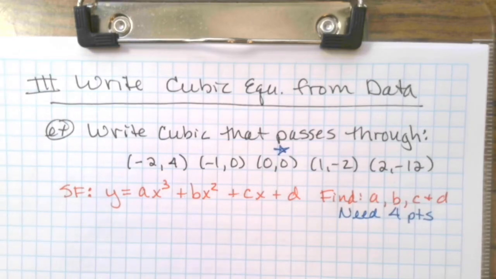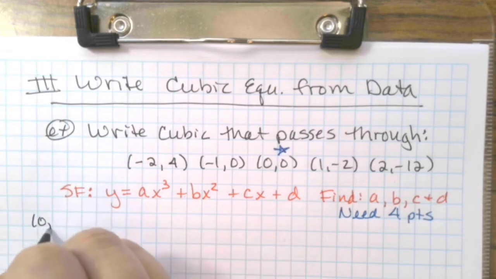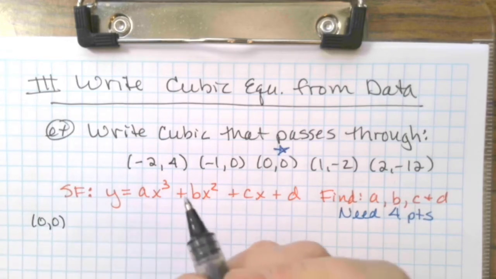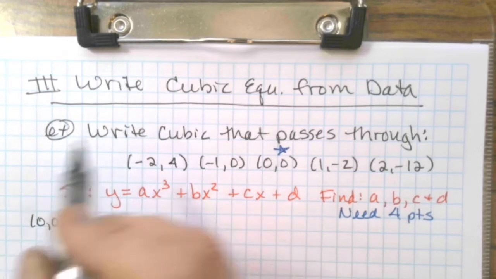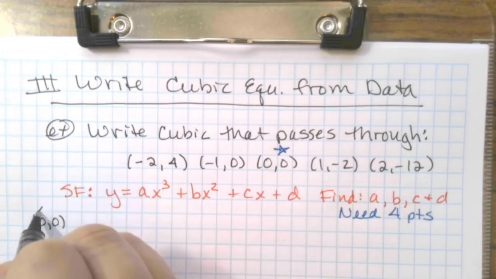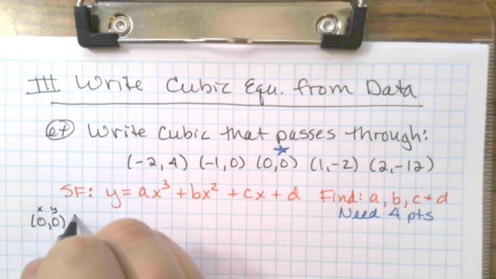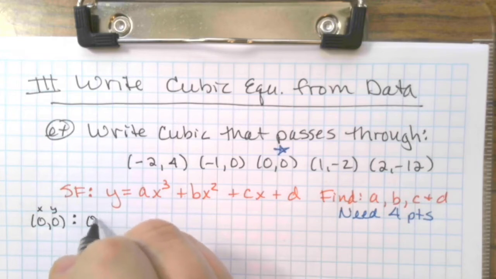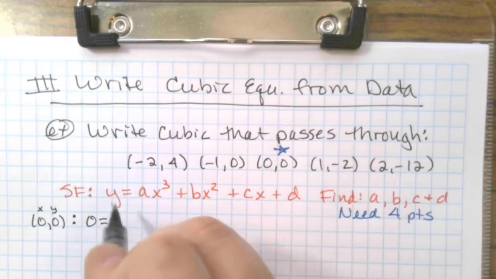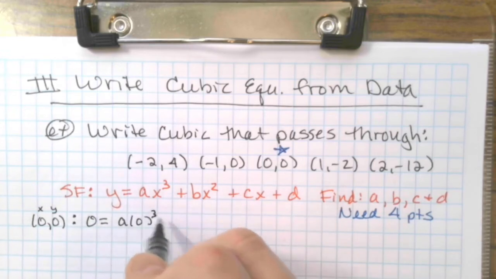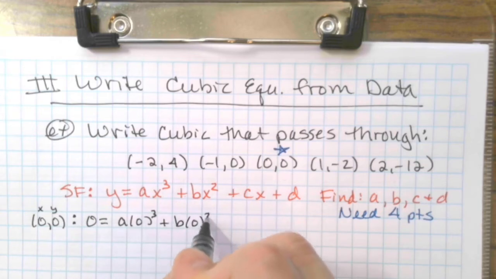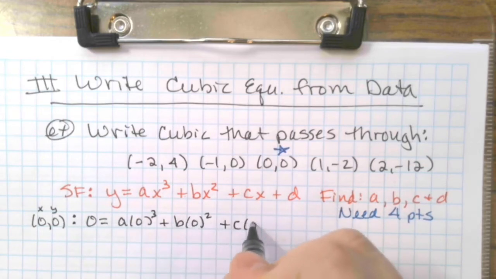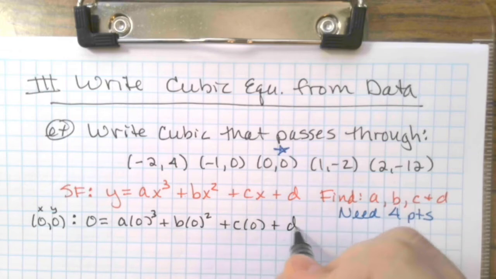So we're going to take the point (0, 0), and since this is your x, this is your y, it is 0 equals, and then all the x's are zeros. So a times 0 cubed plus b times 0 squared plus c times 0 plus d.